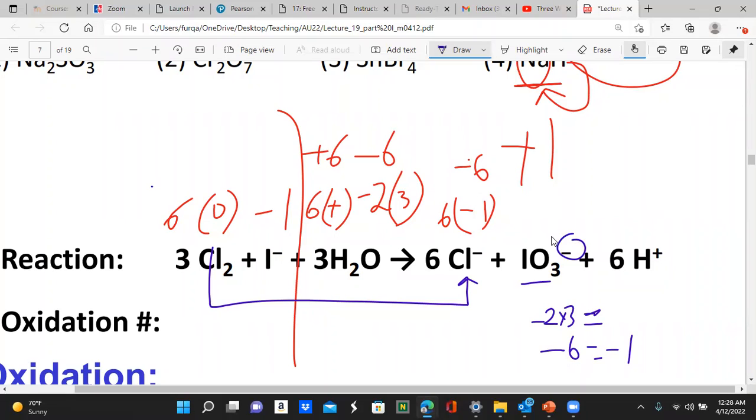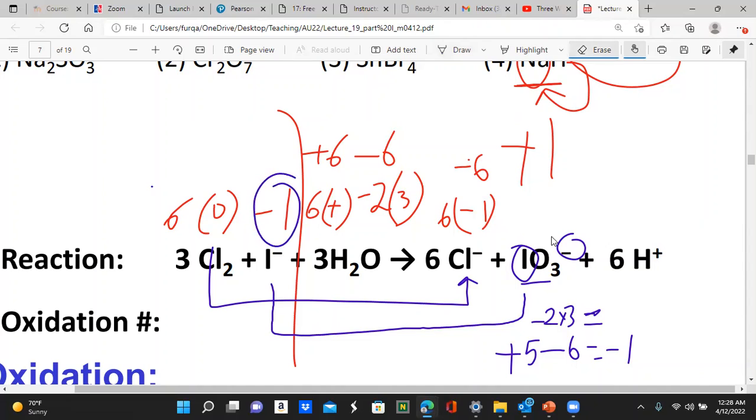And then it means this iodine is going to be +5 oxidation state. What happened to the iodine? Iodine was -1 initially, and it ended up on +5. Chlorines were 0, ended up on -6. Iodine was -1, ended up on +5. This is for the iodine, right?